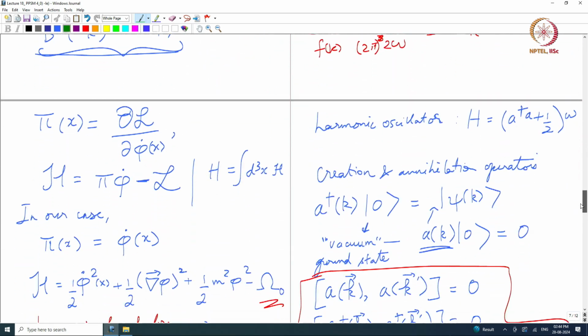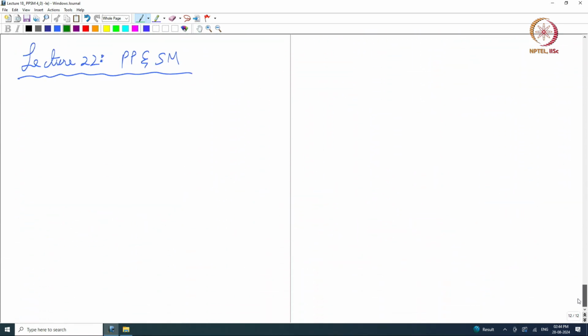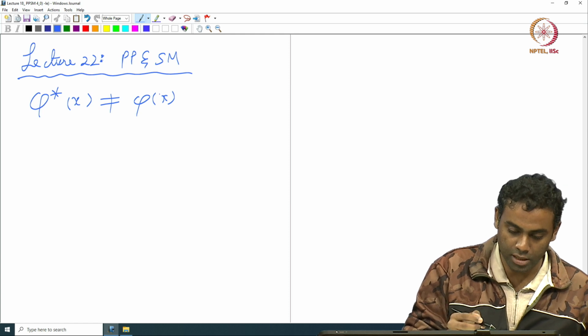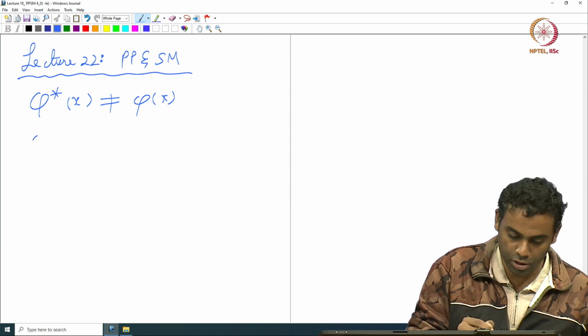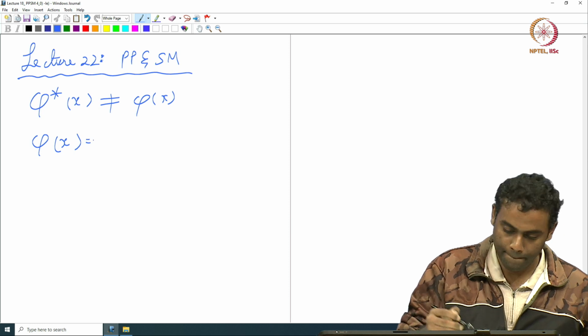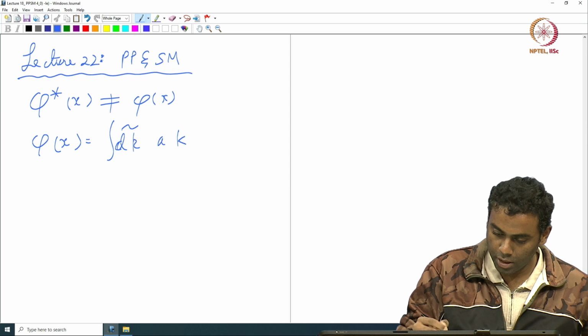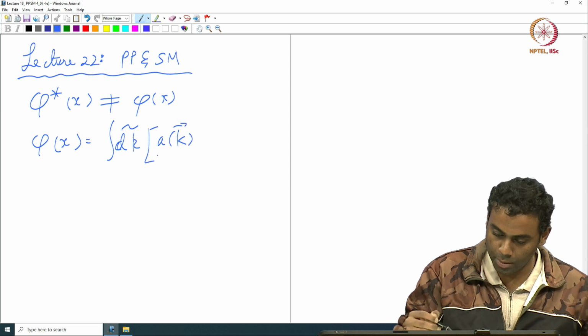Now that can be generalized to complex scalars, where in other words phi star of x is not equal to phi of x. Do you remember that when we started out, the general solution we wrote down looked like this. I am doing some simplifications already.